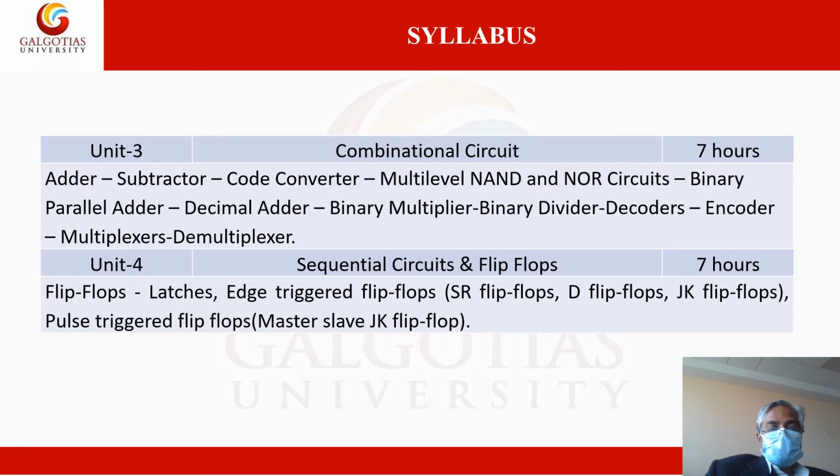Then in unit 3 you will learn about combinational circuits: adder, subtractor, multi-level NAND and NOR circuits, binary parallel adder, decimal adder, then multiplexer, demultiplexer. All this you will get to know in unit 3.